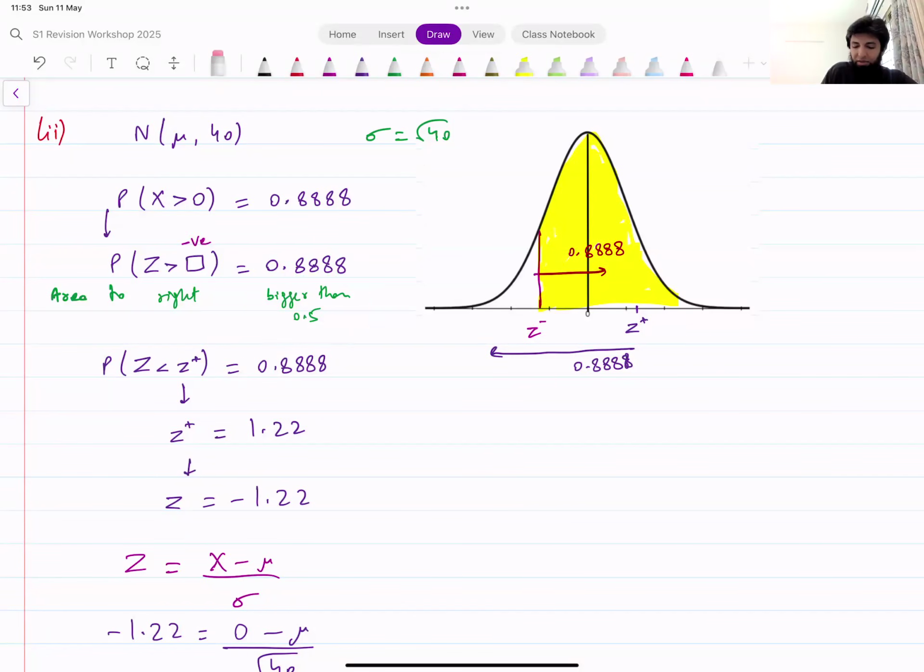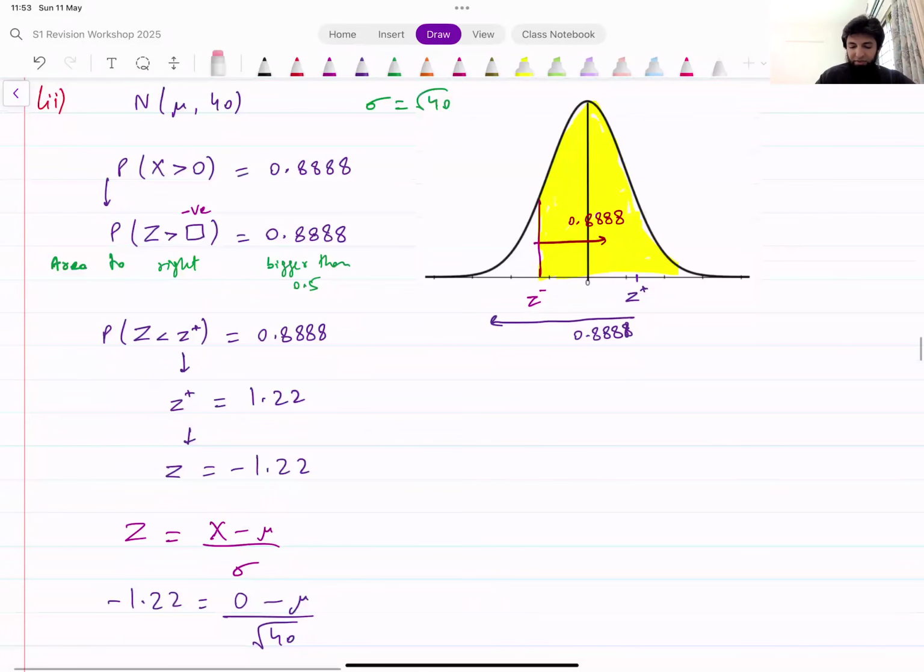If the area to the right is bigger, that means Z is supposed to be a negative value. So this area is 0.888. You flip that. When you flip that, you can say the area to the left of the positive Z value is also going to be 0.888. Find that value from the table. Make that negative because it was supposed to be a negative value. Put that in the formula and you get the result from that.